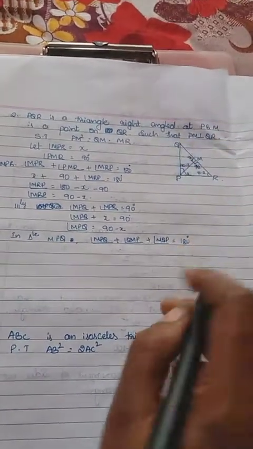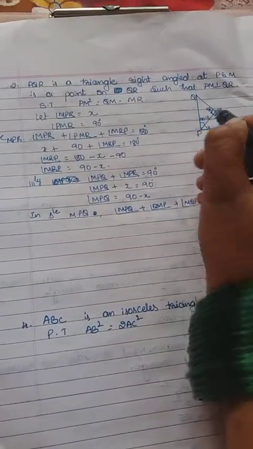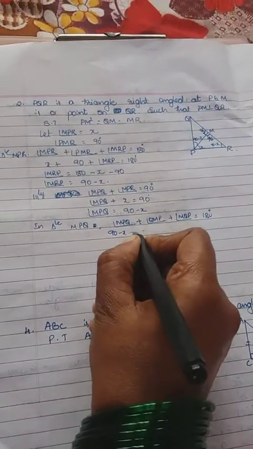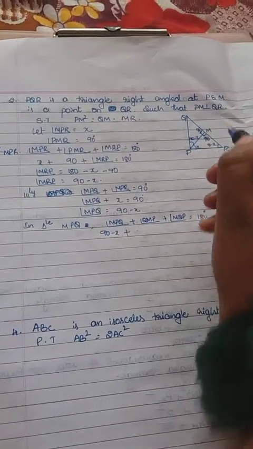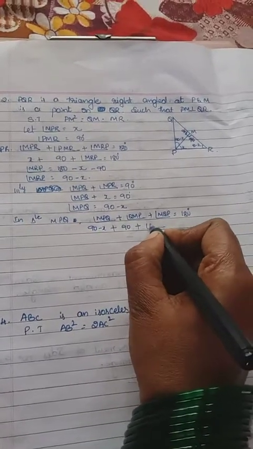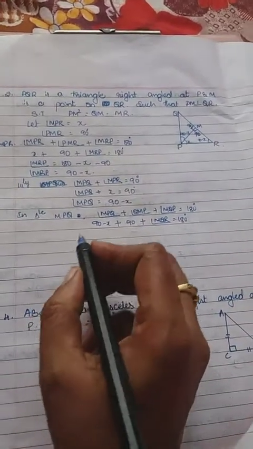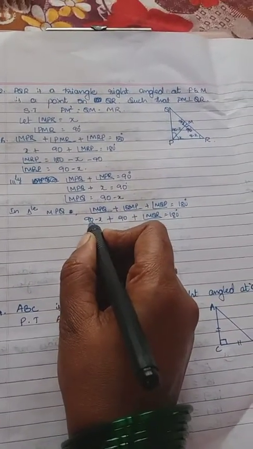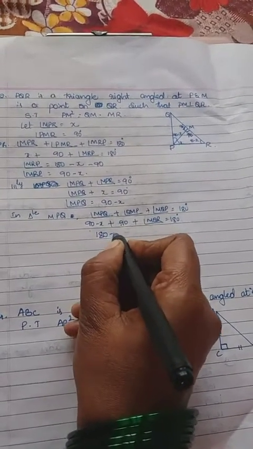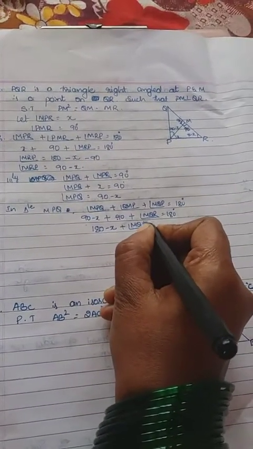The sum of all three angles in a triangle is 180 degrees. MPQ we got as 90 minus x, plus QMP is 90 degrees because of the right angle at M, plus MQP equals 180 degrees. 90 plus 90 is 180, so we can write 180 minus x plus angle MQP equals 180 degrees.